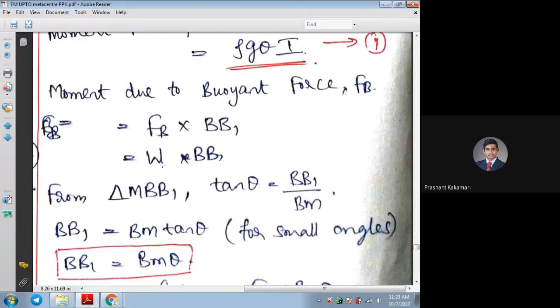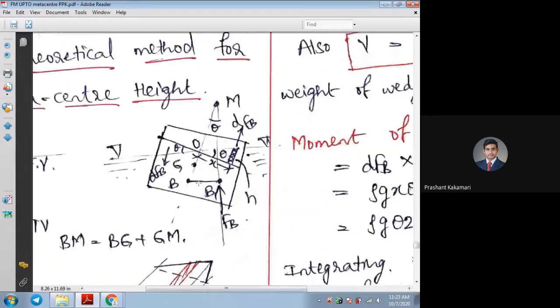So the total weight of the body we have taken, and BB1. So the BB1 triangle, if you analyze, I can write opposite by adjacent again, because in the triangle we know only two sides. Here, opposite BB dash we know, adjacent is BM. We don't know BM because there are no other dimensions. But we know some relation between GM and BM.